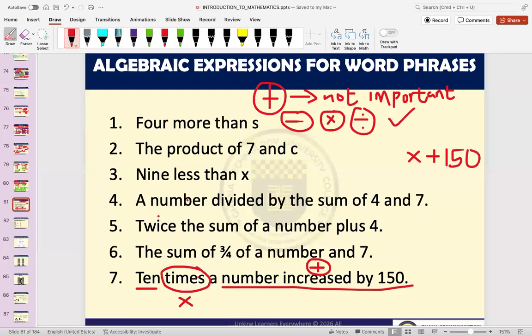Now 10 times a number, so 10 multiplied by the number. That's 10 times a number plus increase by 150. We have 10x plus 150. Any question?